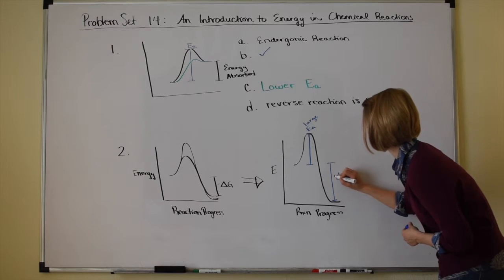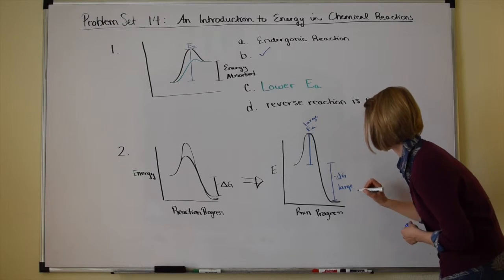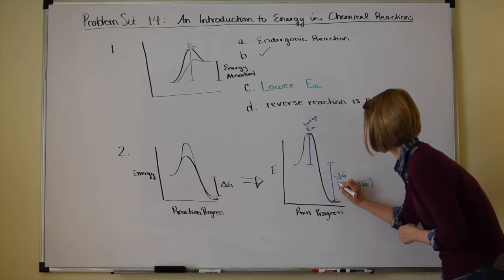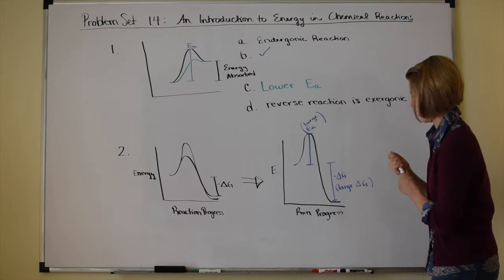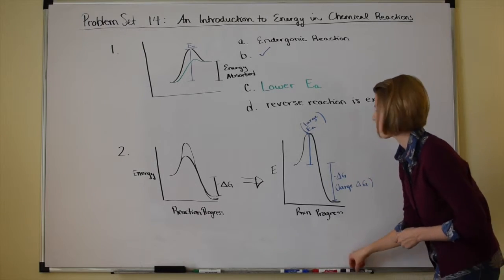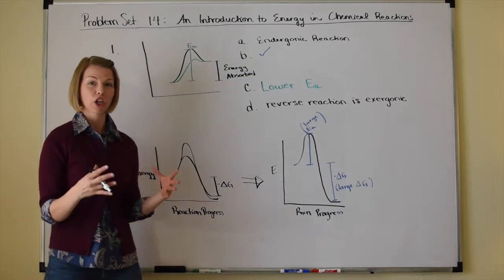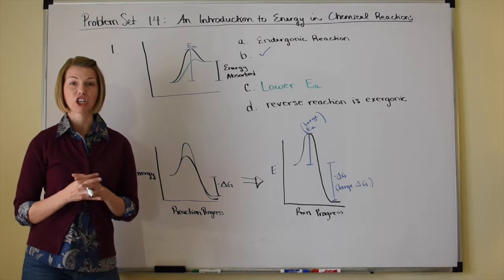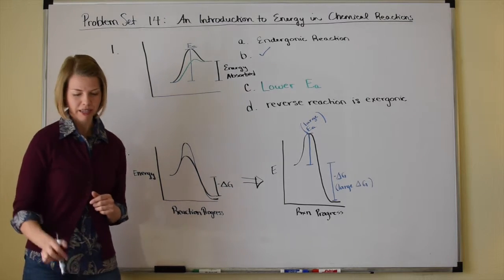So a negative delta G, we're trying to show that this is a large delta G. Okay, I'll go ahead and put that in parentheses. Okay, so still being generic. We don't actually have numbers. We're just showing generically what that exergonic reaction, which proceeds slowly and has a large delta G, would look like.